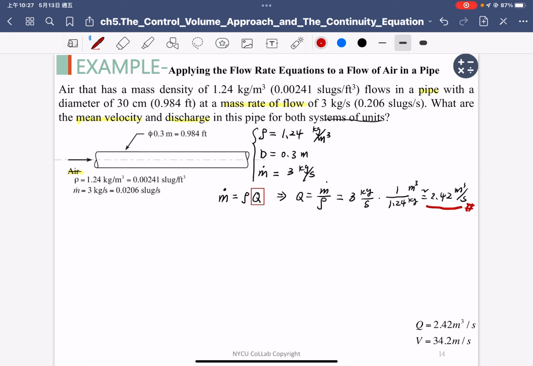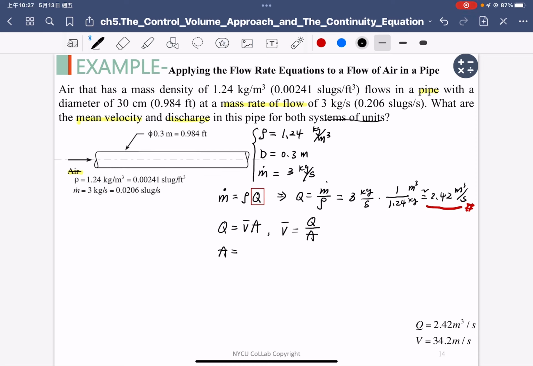You just pick out which formula you need to use to answer the questions. The second question: what is the mean velocity? We know that the discharge Q equals the mean velocity multiplied by the total cross-section area. So the mean velocity equals the discharge divided by the total area. We can compute the total area first.